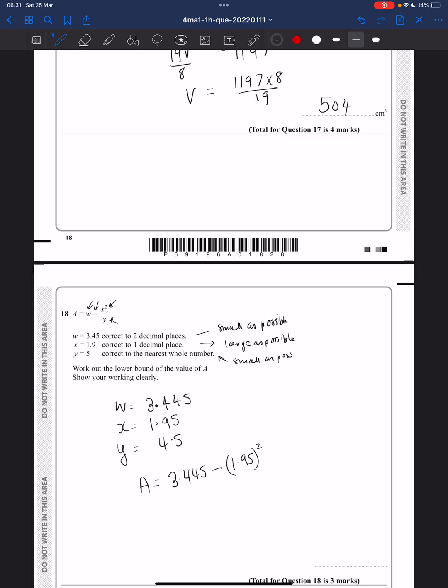Take away a big X to bring it down, and if we divide by a small Y, it makes it even bigger, so it's 4.5. Okay, so on the calculator, 3.445 minus 1.95 squared divided by 4.5. Okay, and I've got it as 2.6.